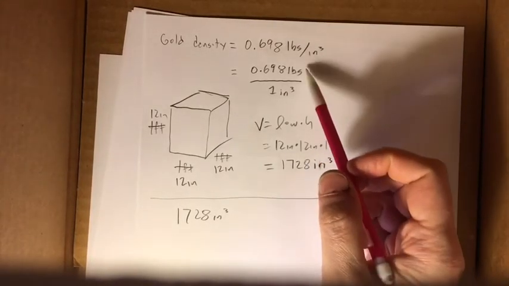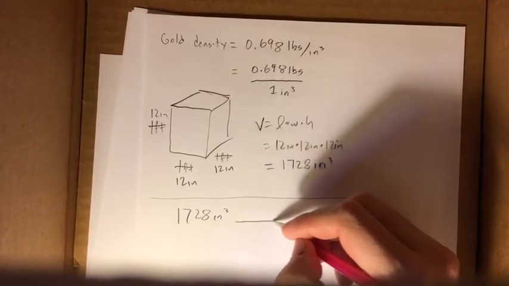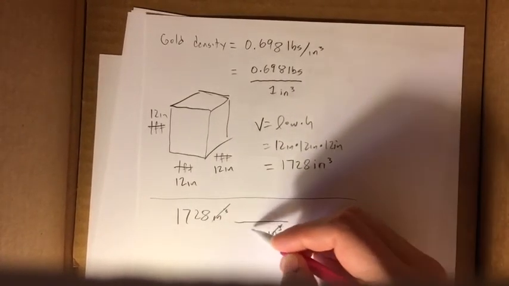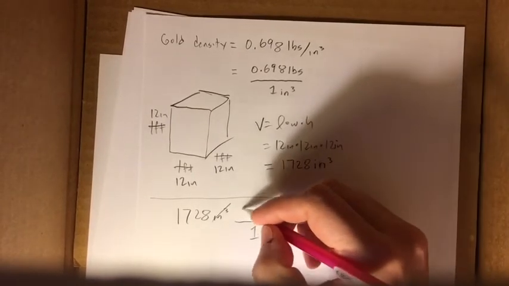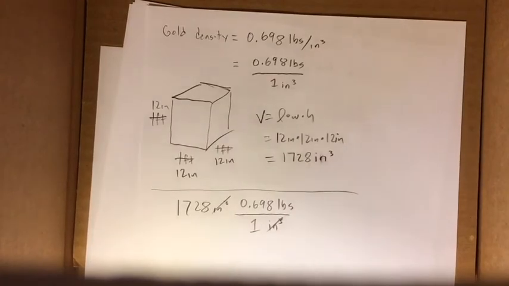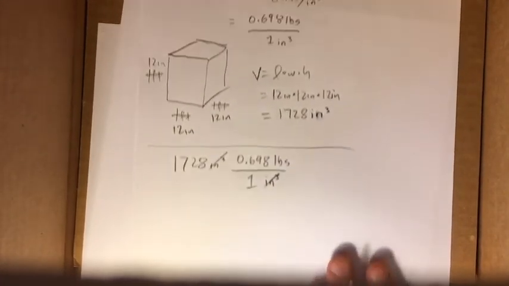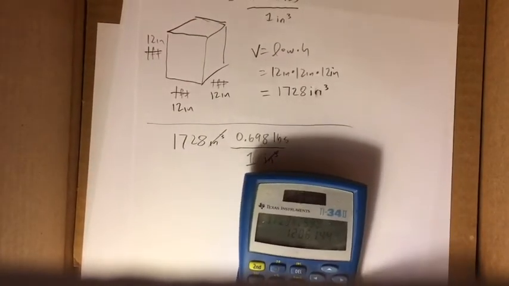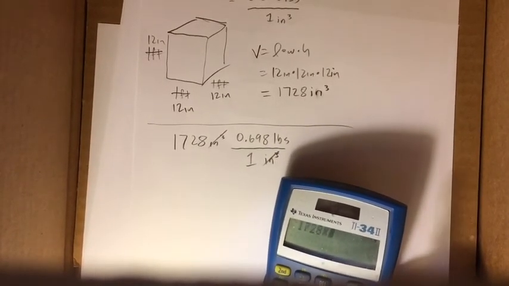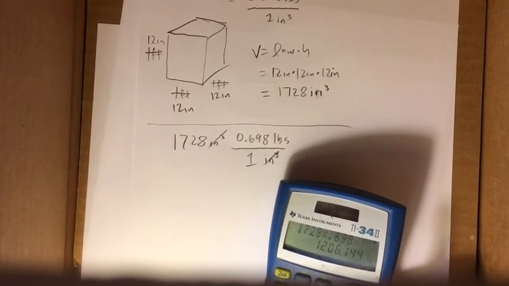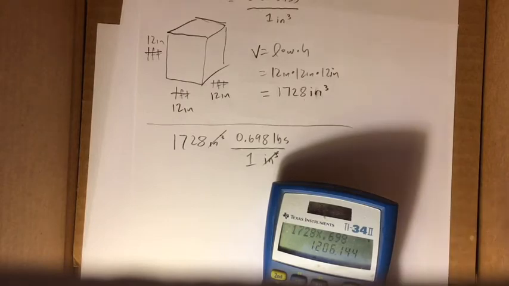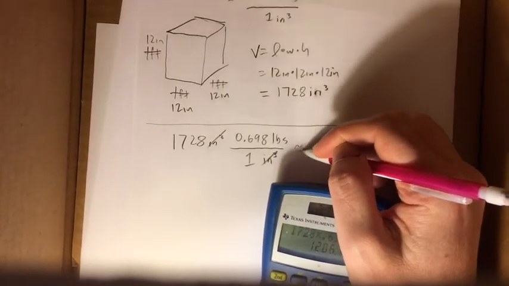We're trying to figure out how many pounds there are, so we want the inches to disappear. So we want to put the inches at the bottom because then these are going to cancel out. And at the top, we'll put the 0.698 pounds. Okay? And now we're just going to multiply this out using our trusty calculator. And this is 1206, approximately. I'm going to round to the nearest pound.